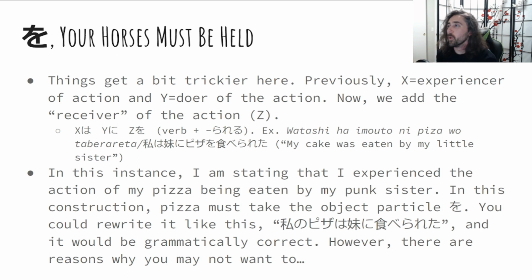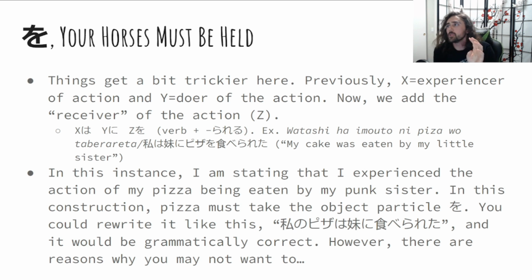So how do we use o in this situation, right? How do we use o with this? Because we definitely should. But how we do it is a little bit tricky because we're marking an object, right? But we might be like, well, aren't we already using ni to talk about the experiencer? Well, this is more like the receiver of an action, right?